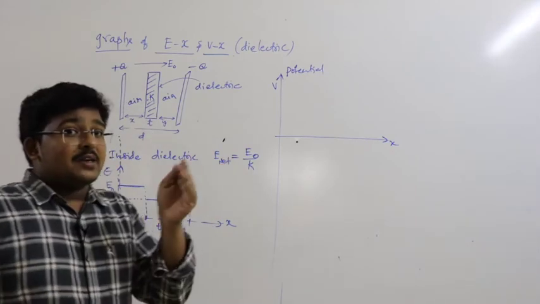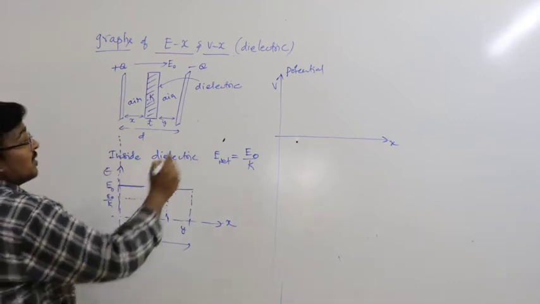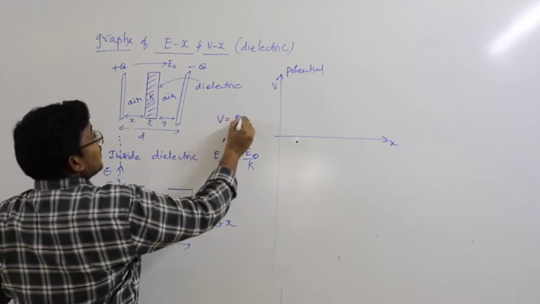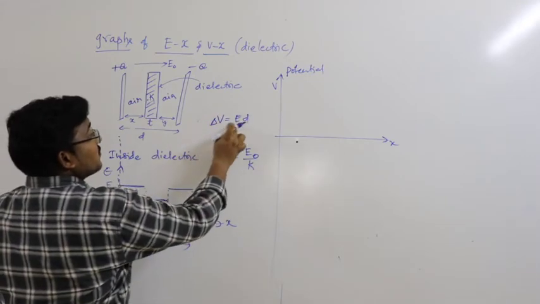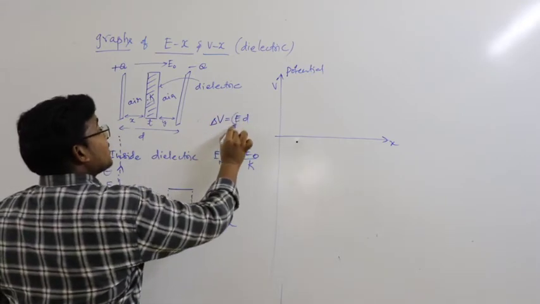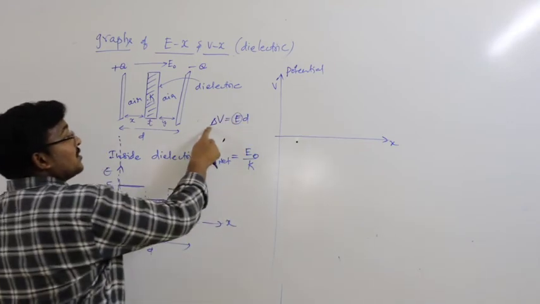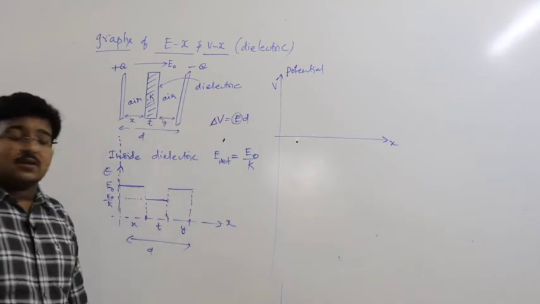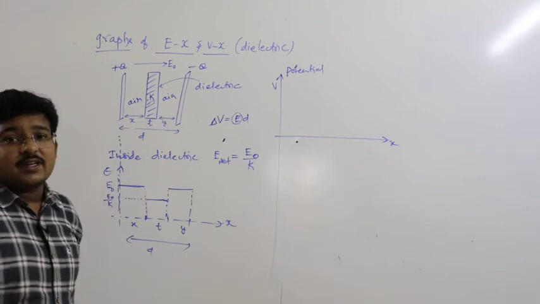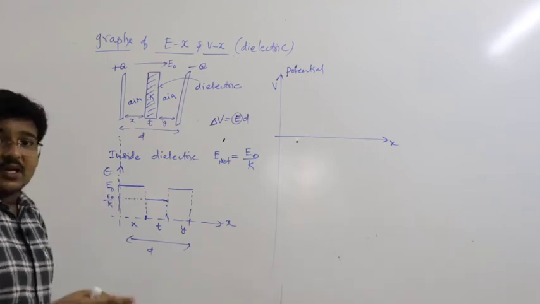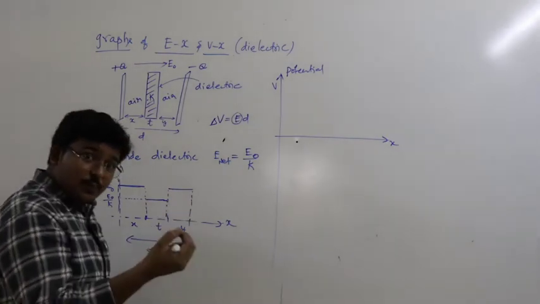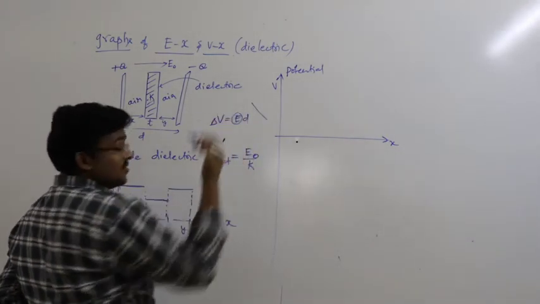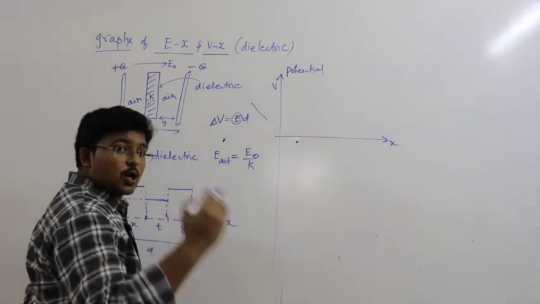And here, you know the formula, V is equal to E D, electric field into d. The potential difference is equal to electric field into d. You know that the electric field is constant. Now potential difference is directly proportional to displacement. It must be a straight line. But you know that it is dropping, so the straight line might be like this because potential drops.